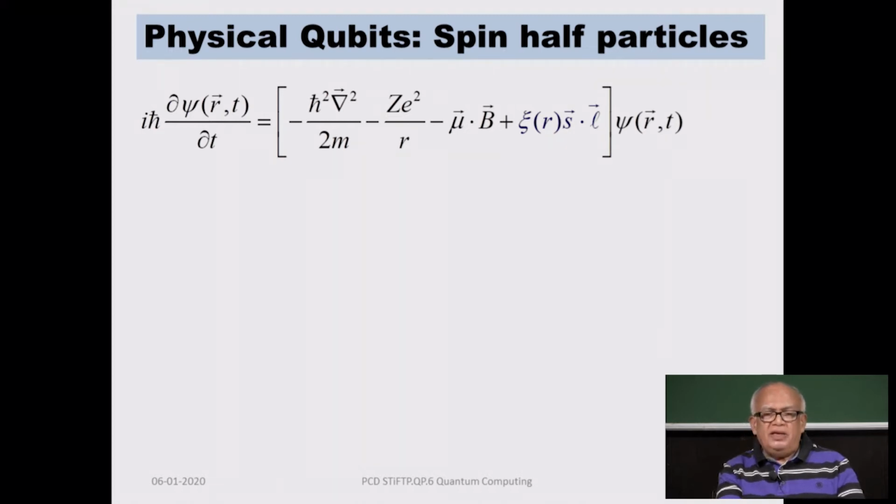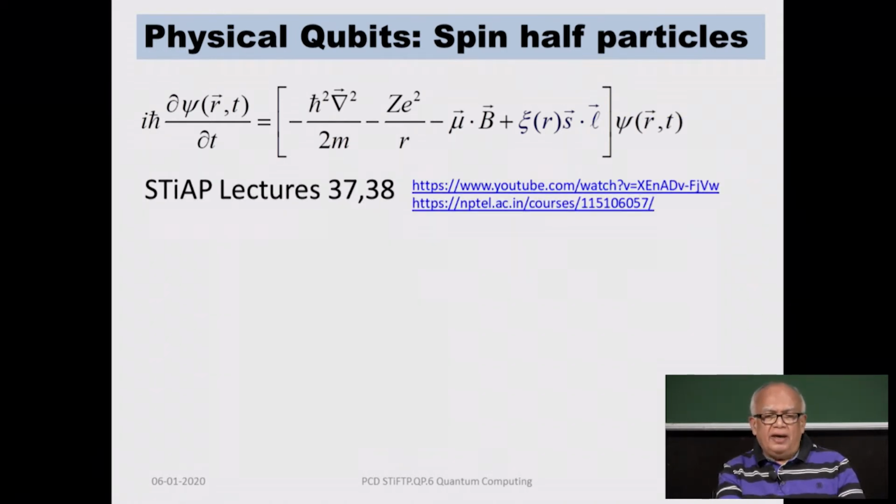So I will not be discussing the quantum mechanics of this particular coupling, which gives you some exciting spectroscopic techniques using perturbation theory, and I will refer you to some of my earlier lectures on this, special topics in atomic physics, which are available at the NPTEL archives.